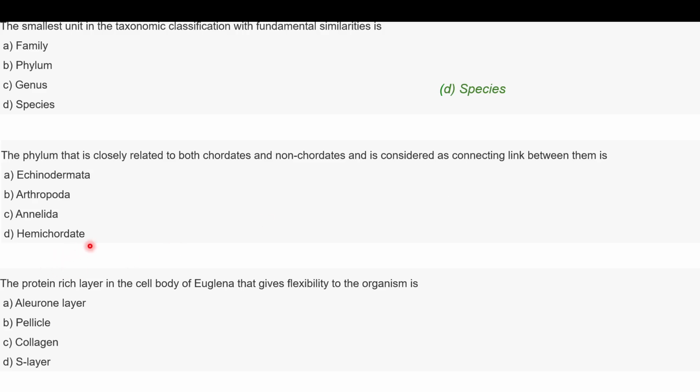Option D, hemichordates, right? And the protein rich layer in the cell body of euglenoids that gives flexibility to the organism is, any idea? Yes, good.